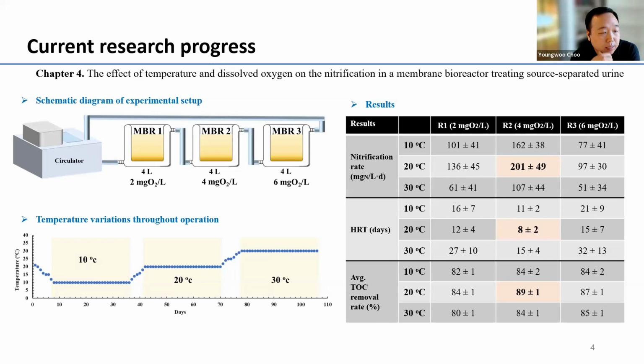If your MBR reactor has some hysteresis or some history effect, then it may also affect your results. So I think you should rigorously check this history effect, if this sequence has affected your results. So yeah, that was just a comment.